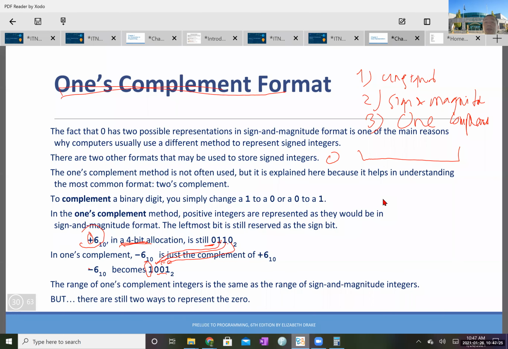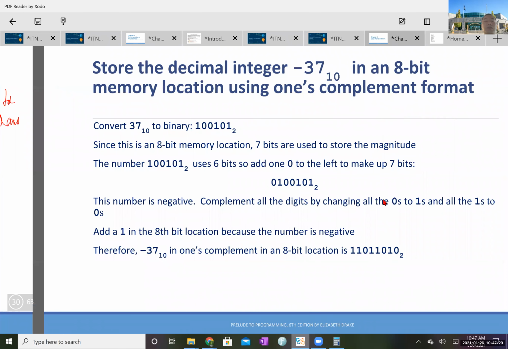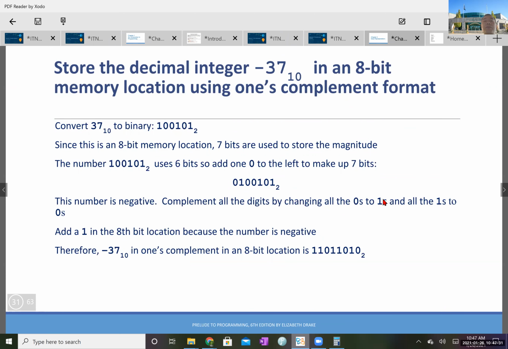Okay. So here's the thing: if you want to store the number -37 in the 8-bit. Think about if you have 8 bits, the first bit is the sign, only number 1 here. So now we have 7 bits left. For 37, you convert it, and you have to enter the number 0 in front. So for the positive number 37, you have 0, 1, 0, 0, 1, 0, 1.